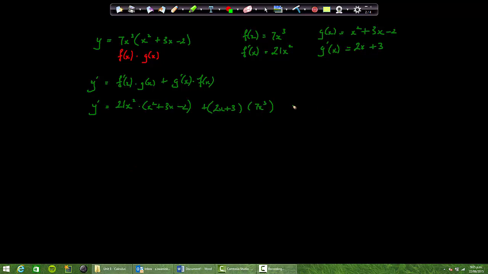I'm going to stop at this point. Yes, you could continue and simplify this, and I acknowledge that expanding this out and deriving using the shorthand rule would be much quicker. But here we're just trying to practice this thing called the product rule. So this is the initial application of the product rule.